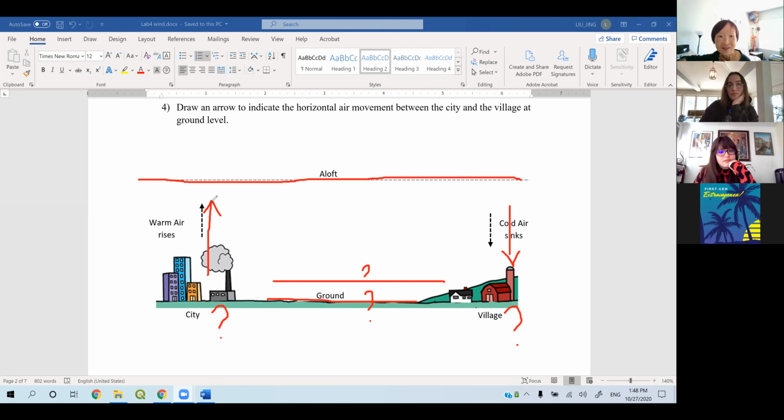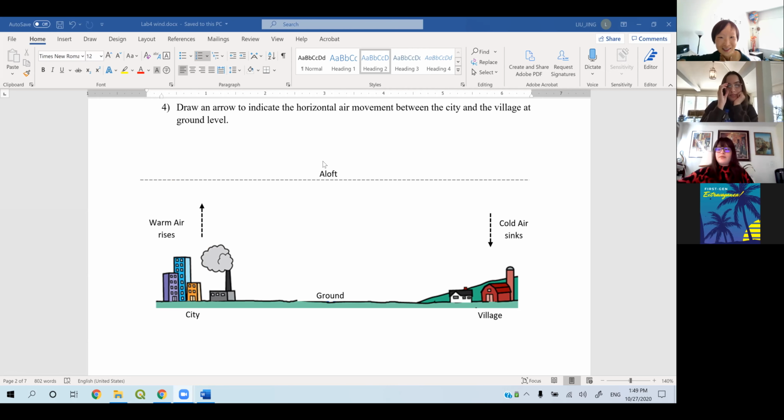If you're receiving rising air in this area, is it high pressure or low pressure? If the air is descending from here, do you have high pressure or low pressure? Then help me determine which direction the wind should go based on the same level air pressure. I hope you have some idea.